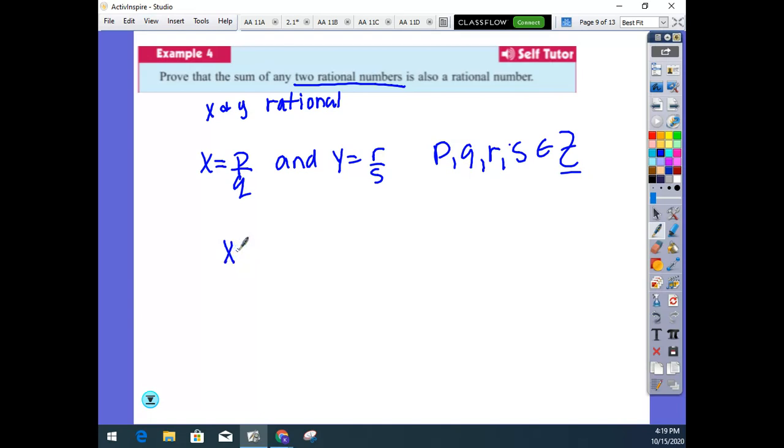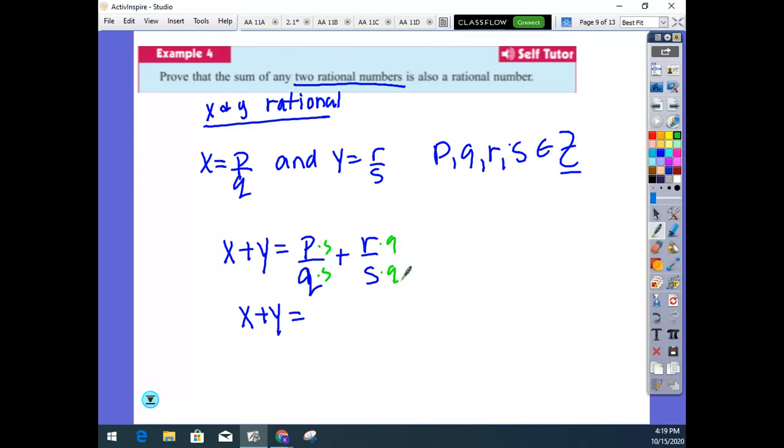Okay, so the sum of my two rationals, because that was my hypothesis, has to equal a rational. Well, x is p over q, y is r over s. These are all integers. Now I can get a common denominator. So I'm going to multiply top and bottom by S, top and bottom by Q, and I get PS plus RQ over QS.